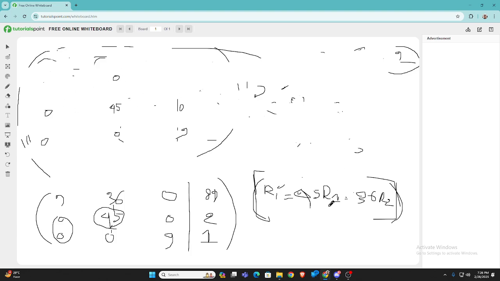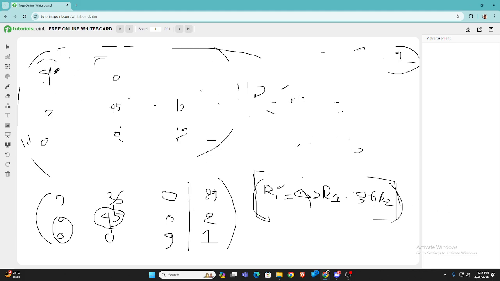Now we have 45 into R1, so 45 into 9 equals, let me calculate real quick. 45 into 9. It's 405. R2 is already 0, right?